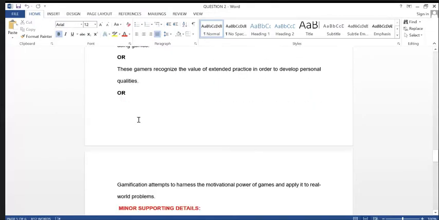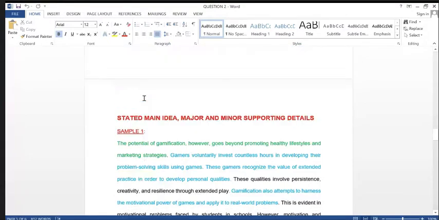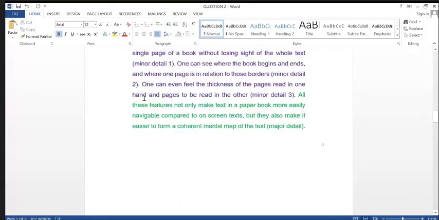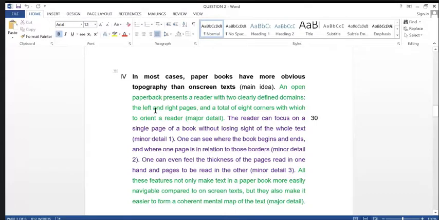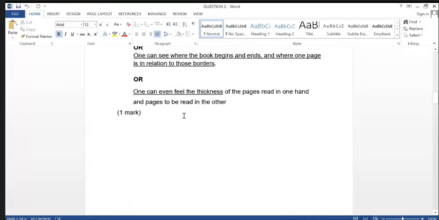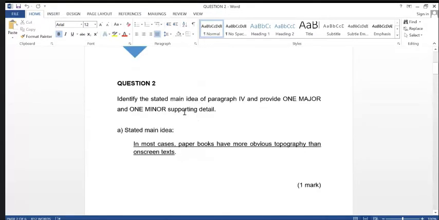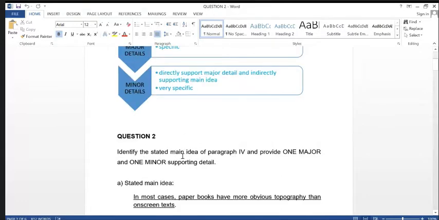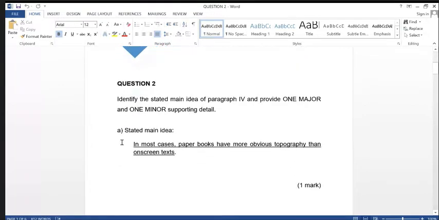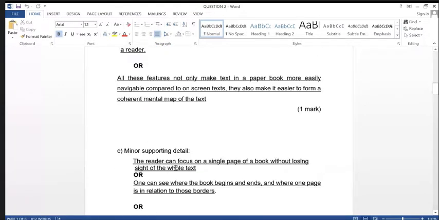All right. Okay, let's look at our paper. Okay, this is where the question is from, this particular paragraph. If you look at the question, it says: identify the stated main idea of this paragraph and provide one major and one minor supporting detail. So you have A, B, and C. Okay.